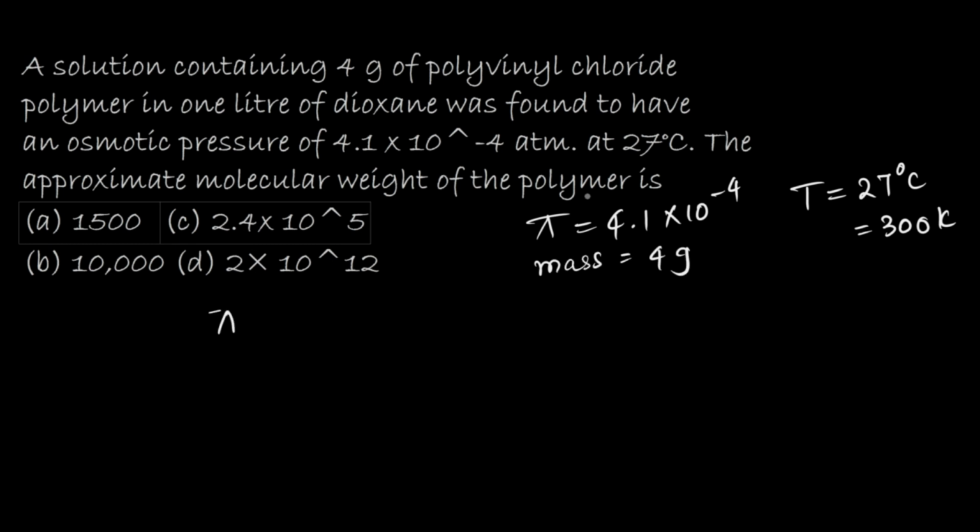Okay, so the polymer is polyvinyl chloride here, and the mass is 4 grams. So we know that the formula of osmotic pressure is pi equals mRT. So just substitute the values. Here molarity represents number of moles, which is mass by molecular mass. So I'm writing it as 4 by MM divided by the total volume, that is 1 liter.